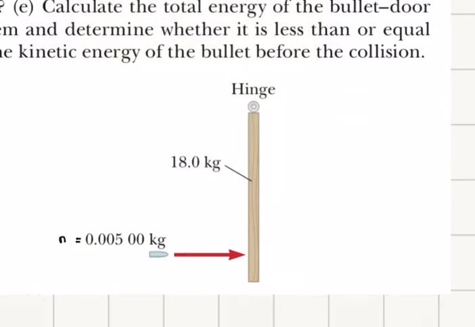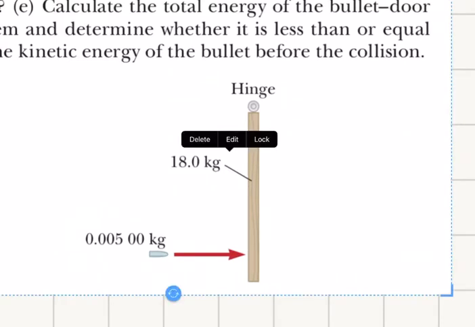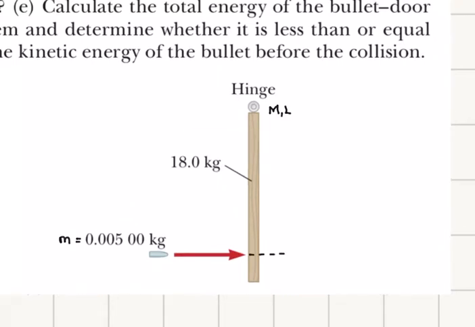Okay, so let me call this mass of the bullet small m. The door has a mass m, length capital L, and it's stated in the problem that there is a distance of 10 centimeters to the side opposite the hinges.